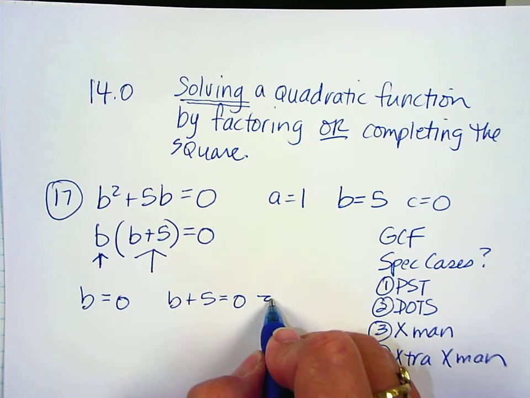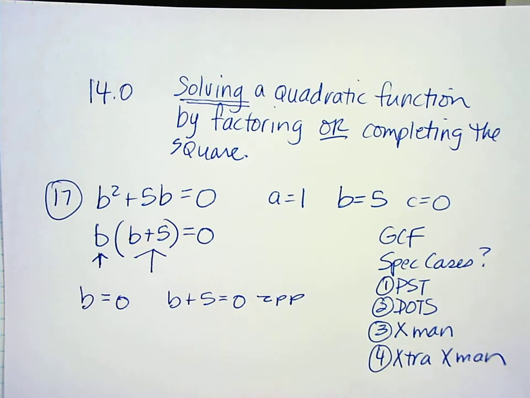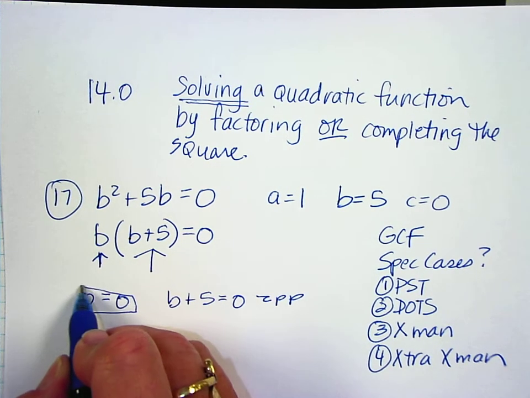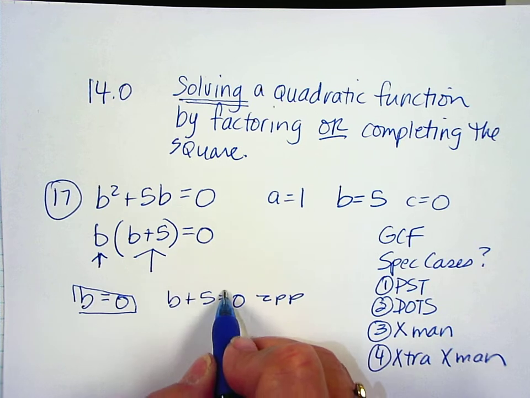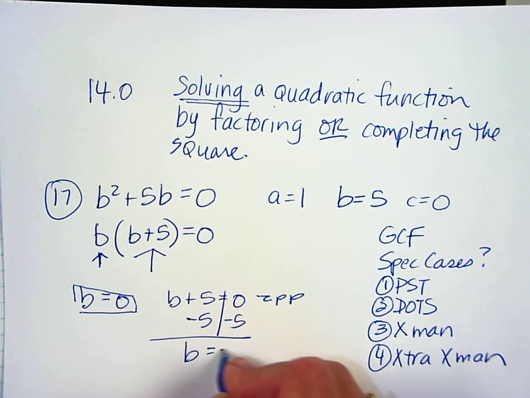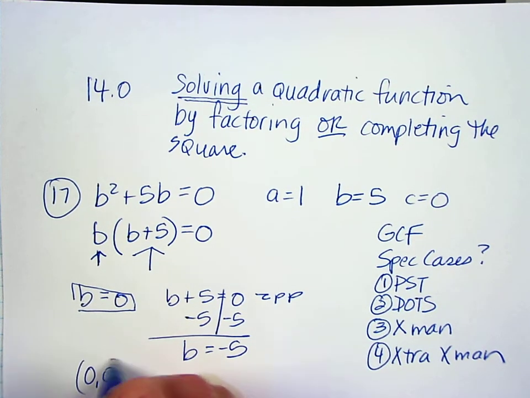I'm going to use the zero product property, and I'm going to isolate my variable. So b is 0, there's one of my solutions right there, and here I'm going to subtract 5 from both sides, and b equals negative 5. So my two x-intercepts are (0, 0) and (negative 5, 0).